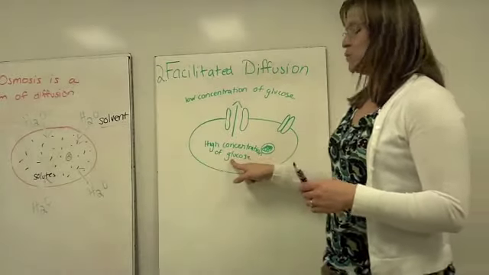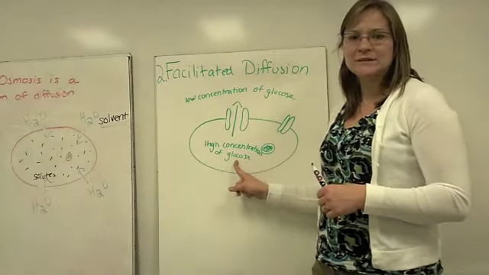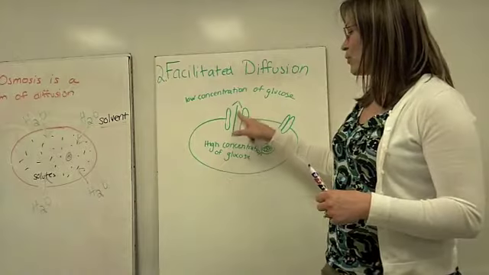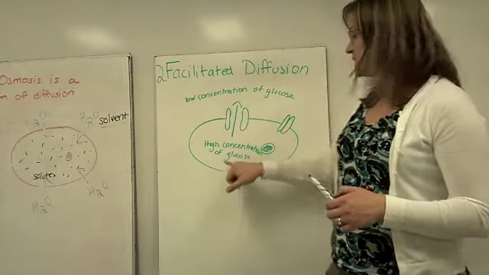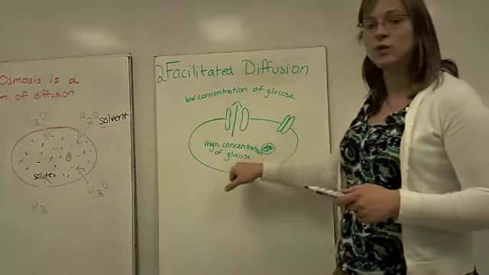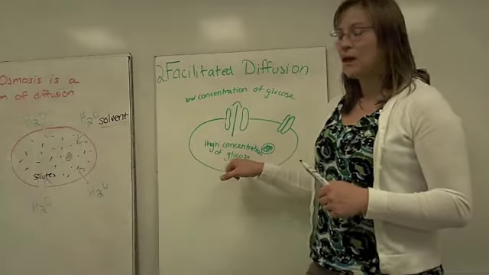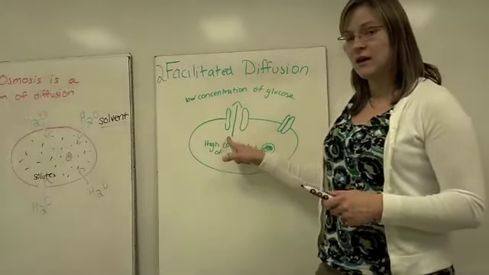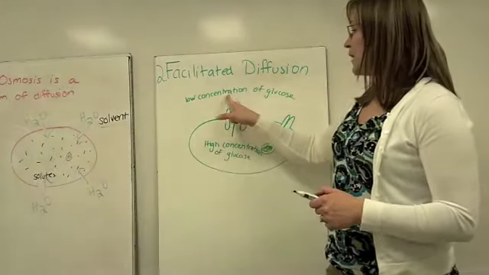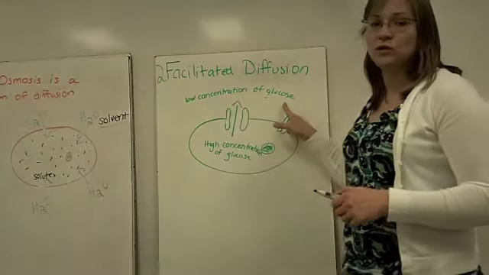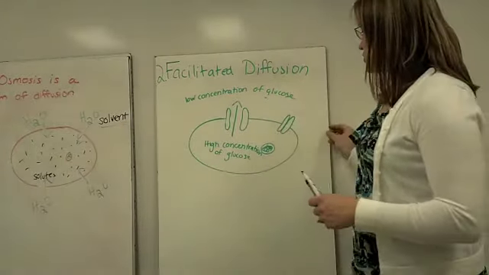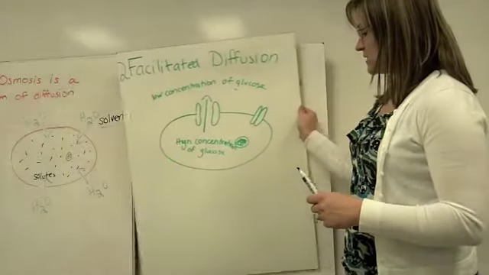These molecules, like glucose or amino acids, need to move through a protein channel. So in this instance, I have a high concentration of glucose on the inside of my cell. It's going to move passively, so without any energy, to an area of low concentration of glucose on the outside of my cell. So you're going to see that facilitated diffusion.